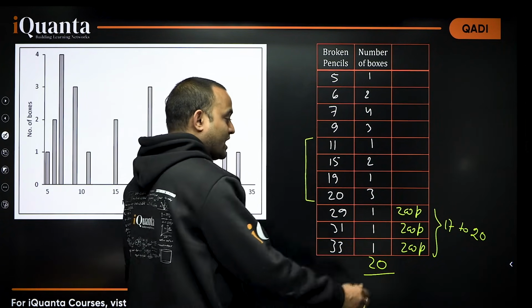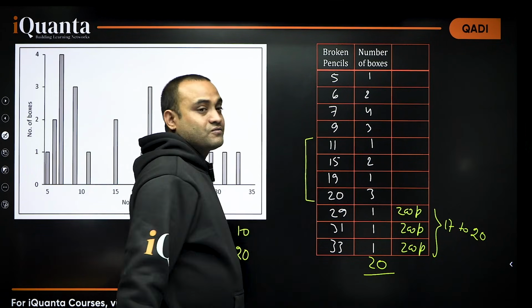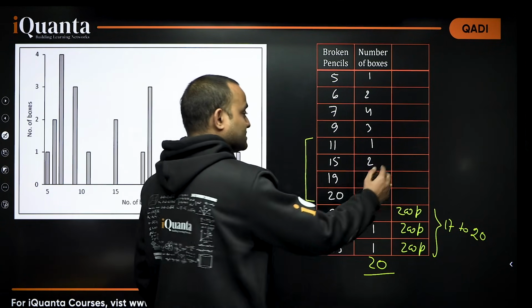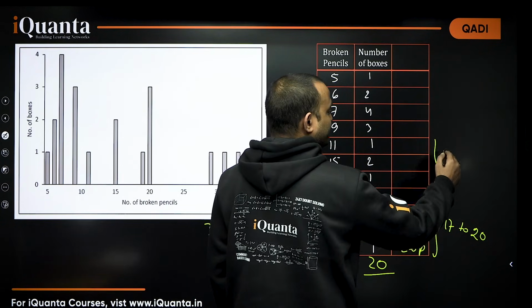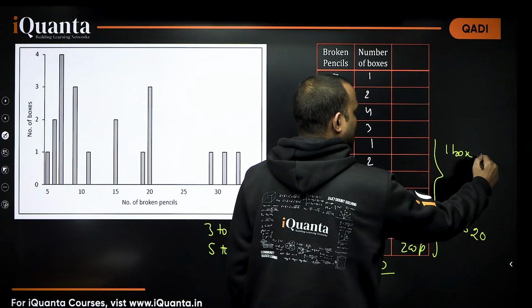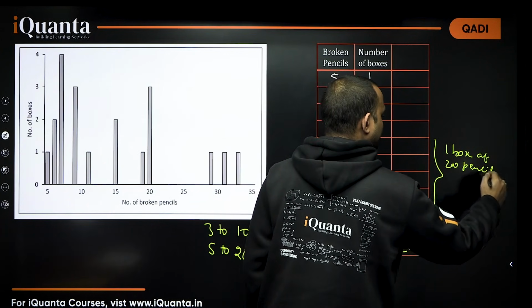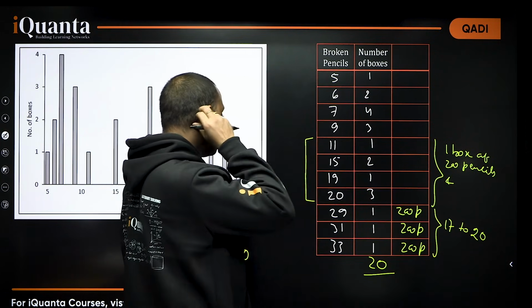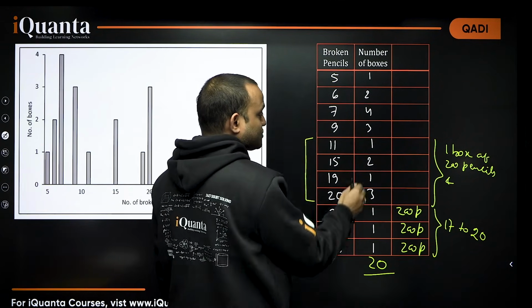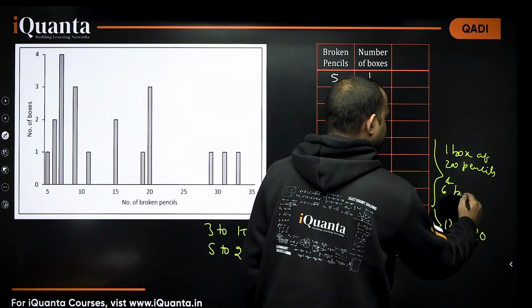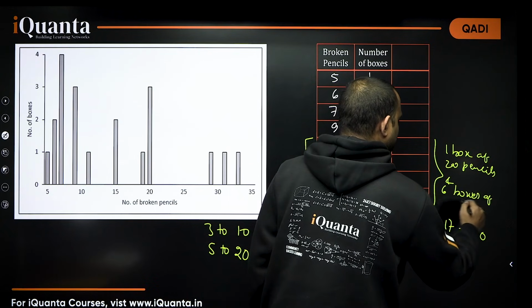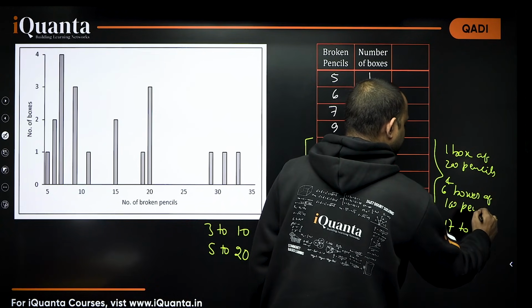Now already we have 3 boxes of 200 pencils. So out of these, 1 box of 200 pencils will be here, and remaining, how many boxes are there? So 5 plus 2, 7, 6 boxes of 100 pencils, right?